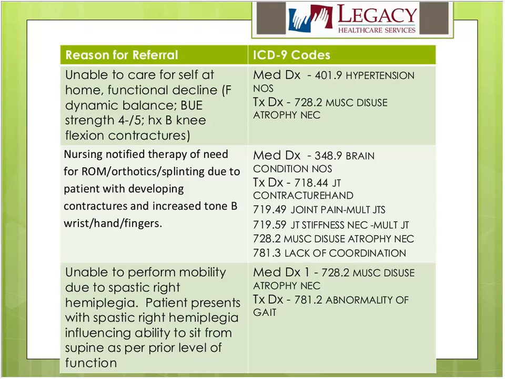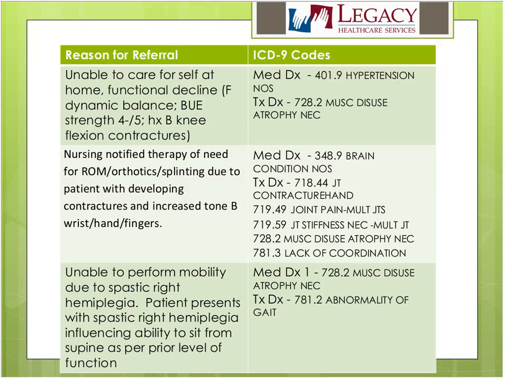It's really the 718.44 joint contracture that's the main reason for the referral. It's the main source of the intervention. So the contracture could be leading to pain, or it could be stiffness that's leading to pain. And so that's how you want to think about choosing those codes: this kind of umbrella, and what has led to what other problems.